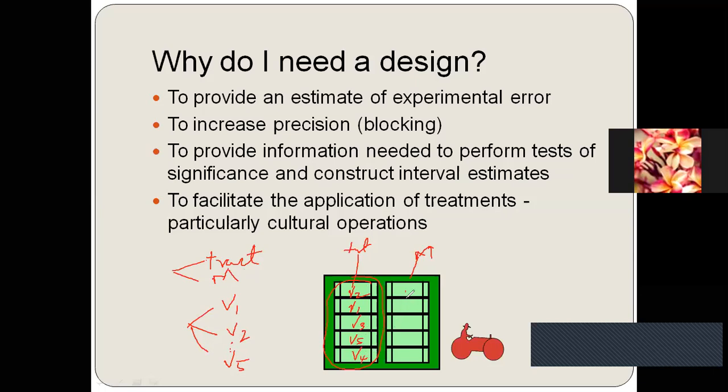That's why the variety goes into the small plot and the plowing exercise into the larger plot size. So that is the need of the plots, the need of the cultural operations.